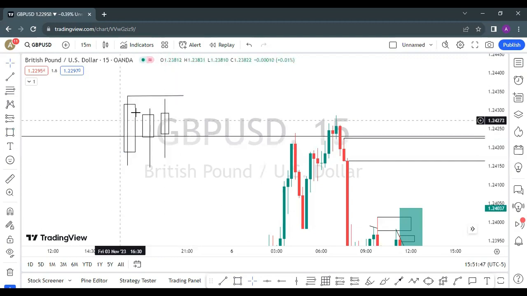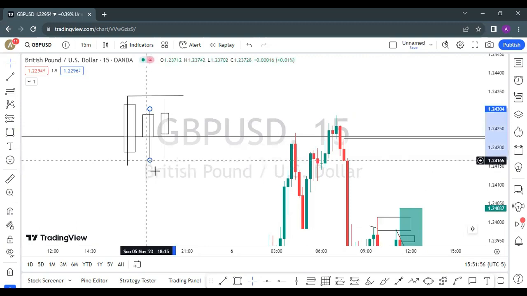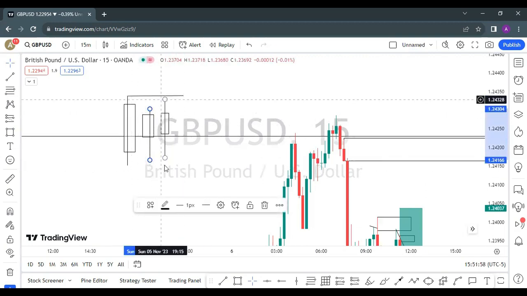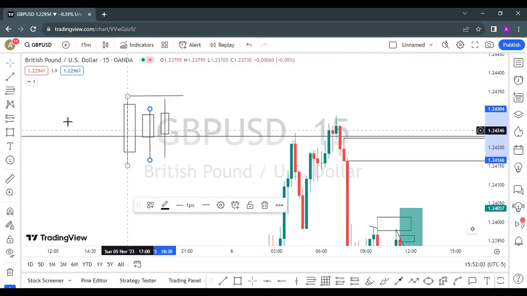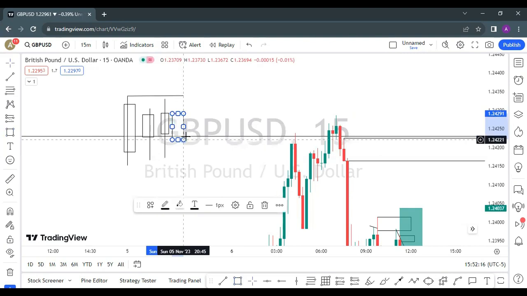It needs to sweep the high of the one containing this internal candle. Now, this also becomes an internal candle. So for us to consider a candle to be a single candle, we need it not just to sweep the high of the internal candle, it must sweep the high of the candle containing the internal candle.